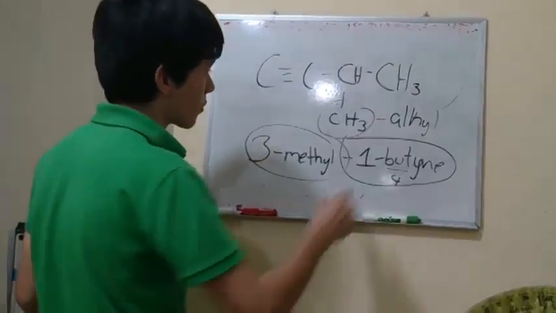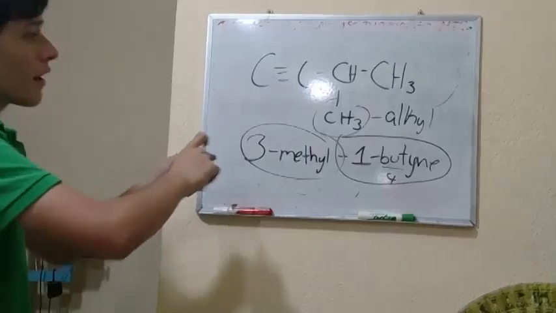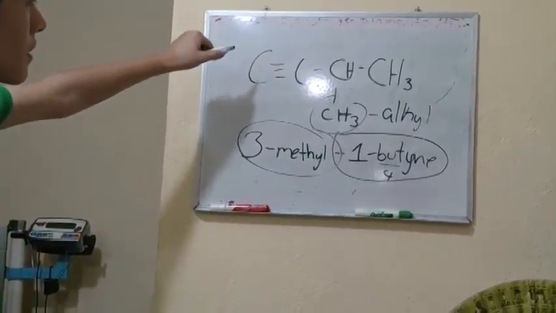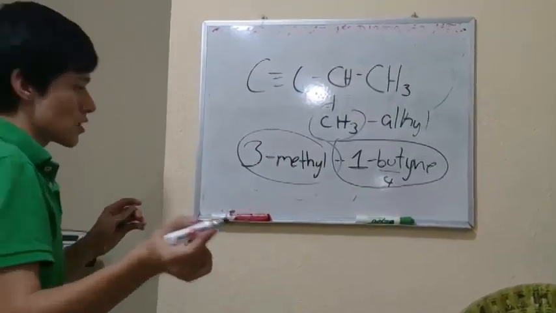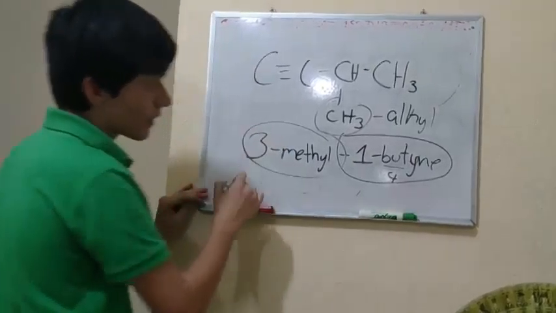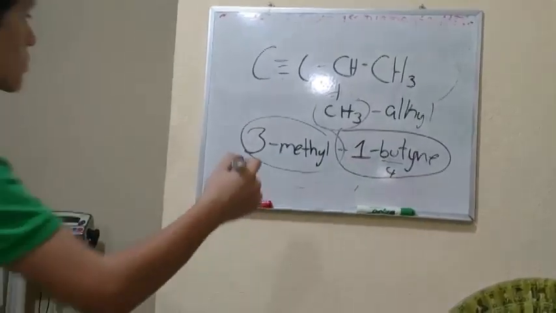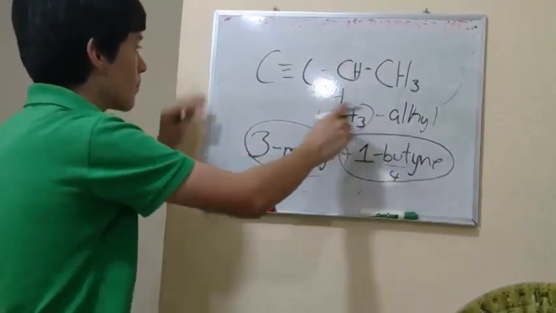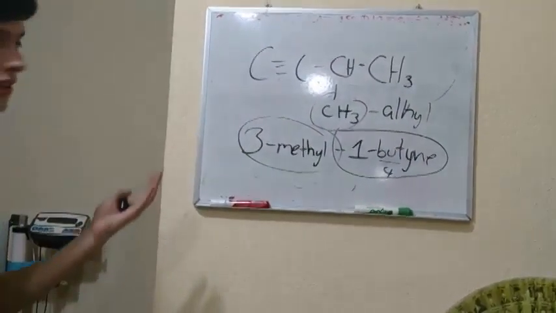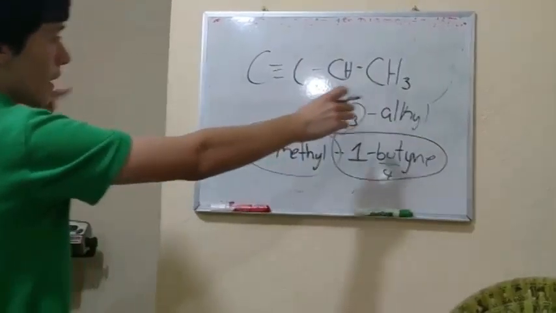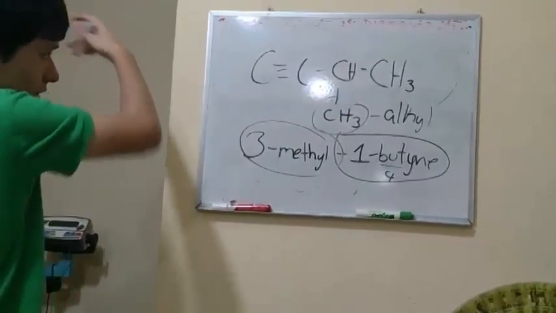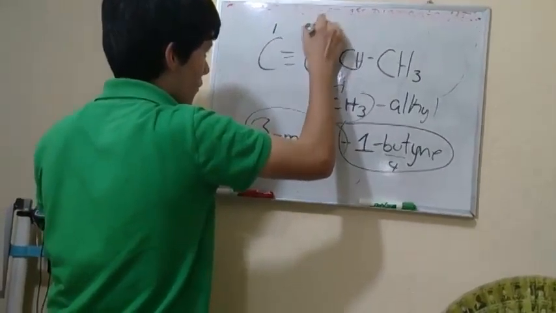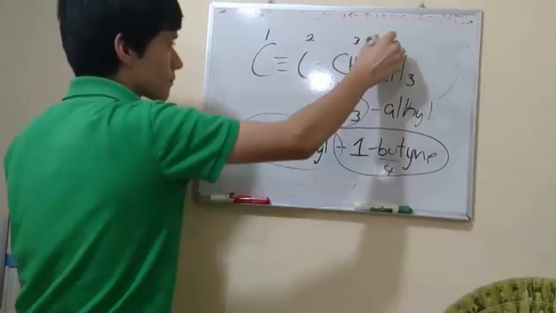It depends on how many carbons the alkyl group has, so the prefix will change. And the number 3 stands for in which carbon of the longest chain it will be. For example, if we start going to the nearest, it will be from left to right because it's nearer to this side. So it is 1, 2, 3, 4.